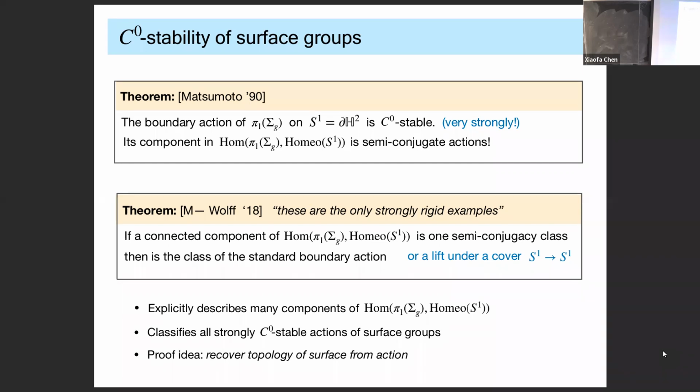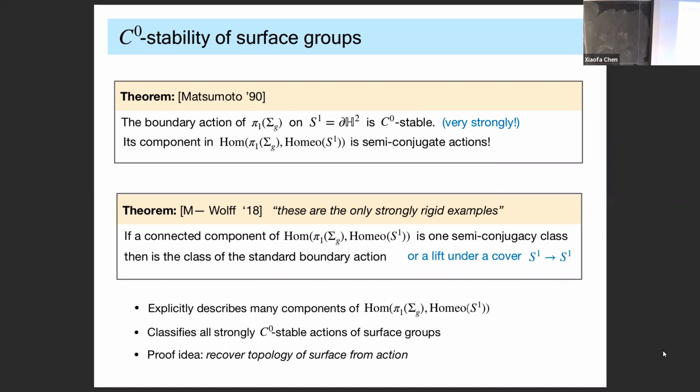You happen to have a connected component of this space that's one single semi-conjugacy class. Everyone's semi-conjugate to some model. You can read this sentence as saying there exists some representation so that no matter how you deform it, it's only by semi-conjugacy. Well, then that was the class of the standard boundary action. Your model was the standard action of this surface group on its boundary.